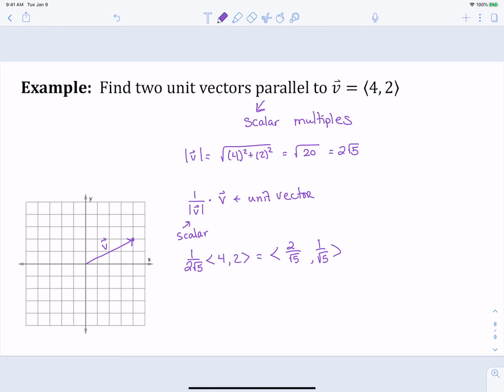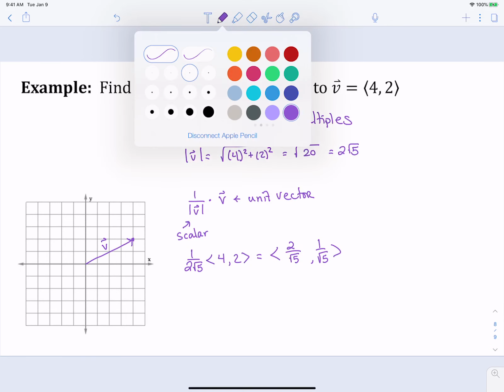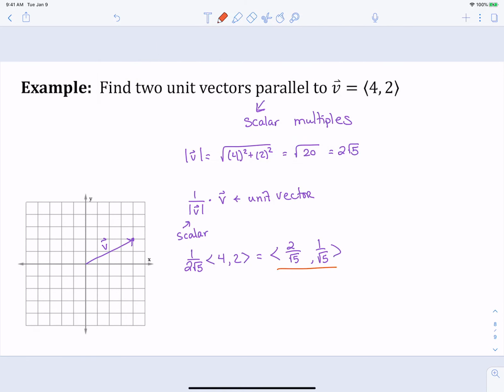You do not need to rationalize any denominators or anything like that. And our little unit vector, this guy here, would be about right there. This is approximately 0.89 and this is approximately 0.45. So this is one possible parallel unit vector.